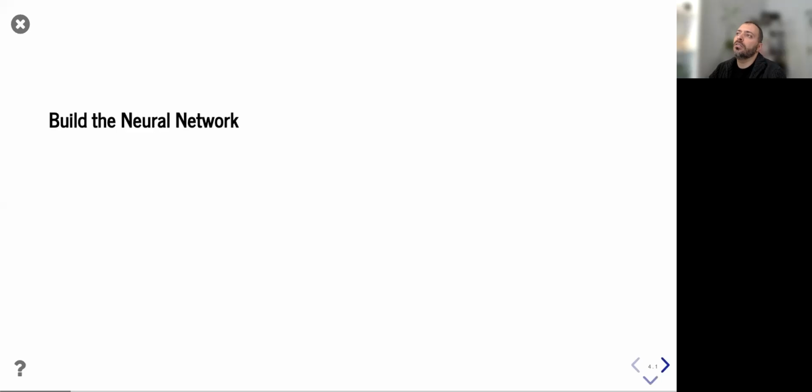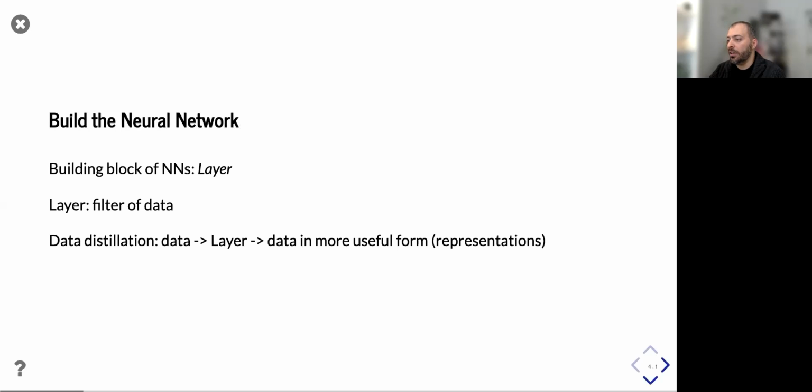First of all, to train the network, we have to build it. And this is the way we build a network in Keras. The idea is that we use layers. The neural network is nothing but layers connected to each other. So the building block of a neural network is a layer. A layer is just something that takes some data as input and outputs some data.